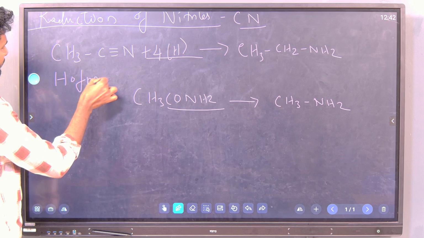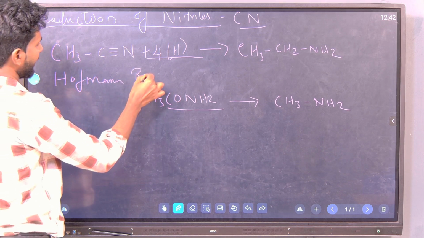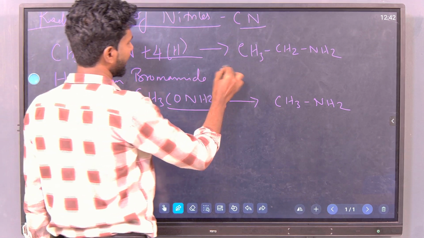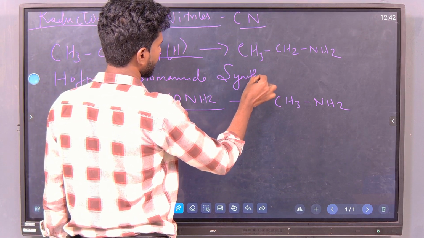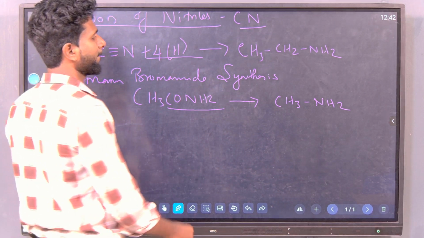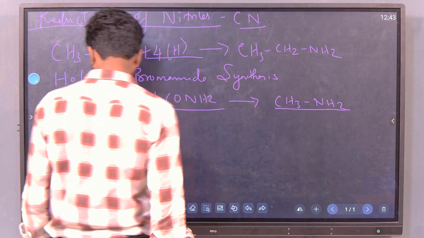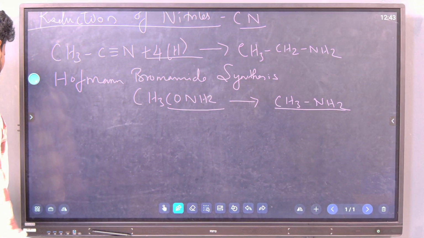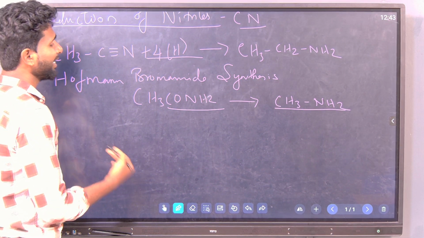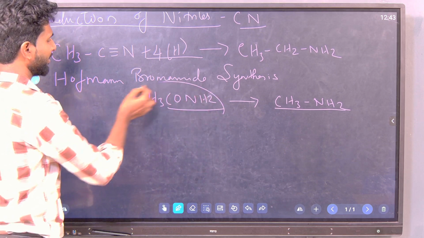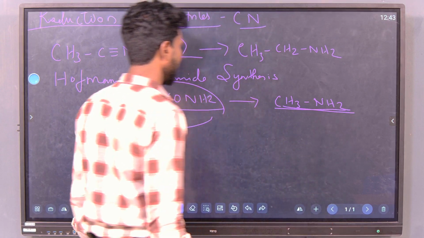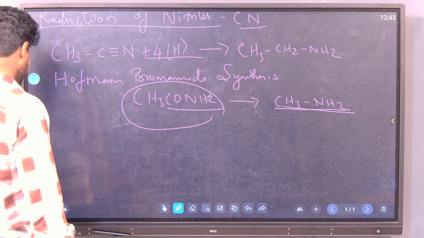So the amide is converted into a primary amine. Here the product contains one carbon less than the reactant. The amide has 2 carbons, but the product contains only 1 carbon.